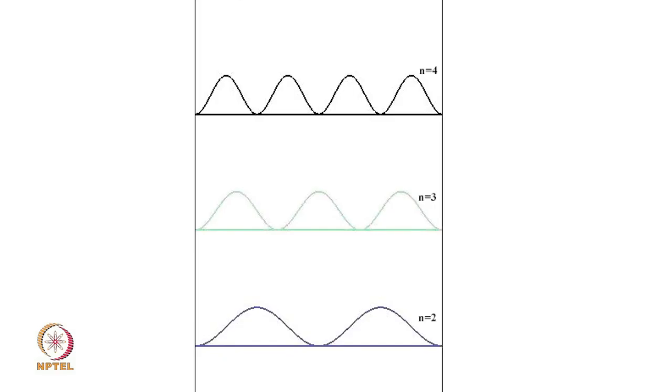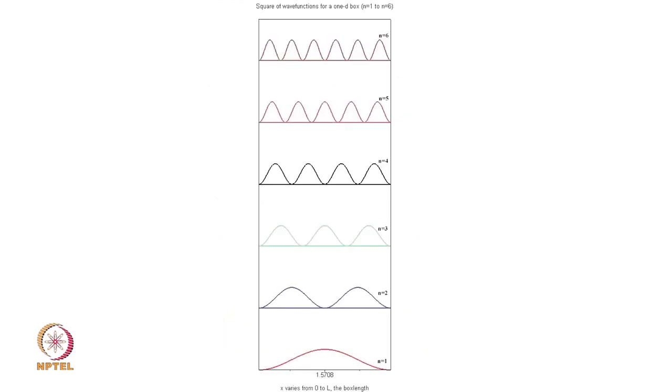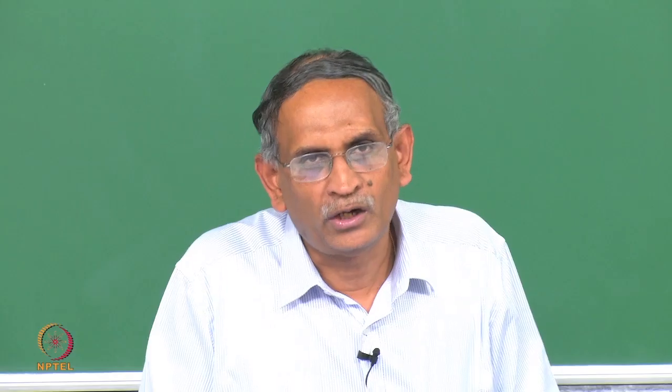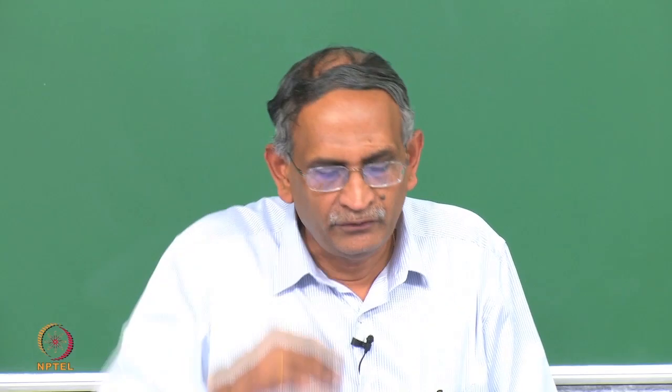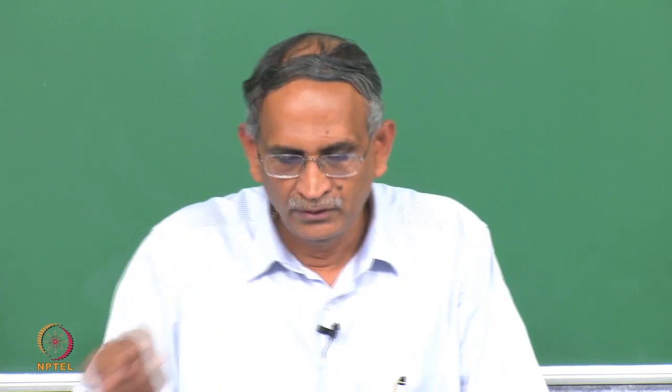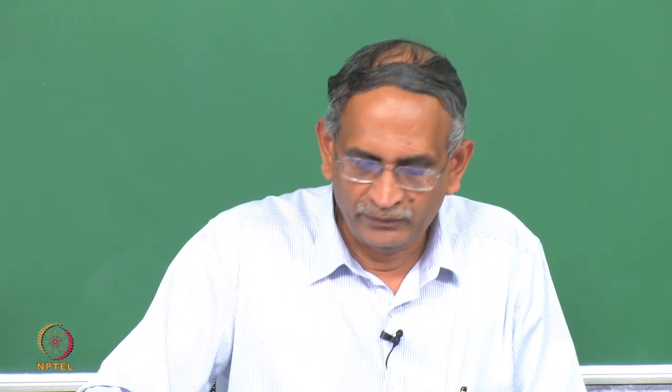In this particular case, we see a slightly different result. You see that the probability is not uniform, and the probability is also not the same for different energies at any given location. So, let us look at this particular graph here.